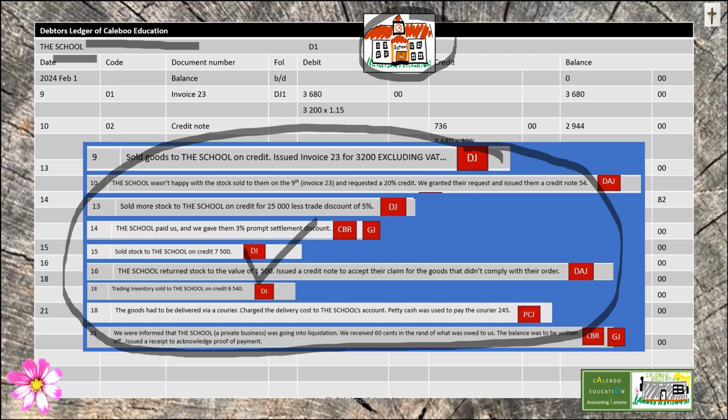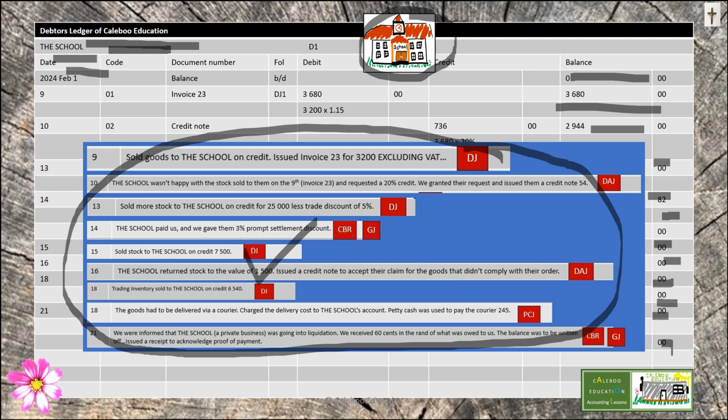Remember, we're drawing up the books of Calibu Education, and in this account of the school, every transaction relating to the school is posted to this account, and we will keep a running balance of what the school owes us.